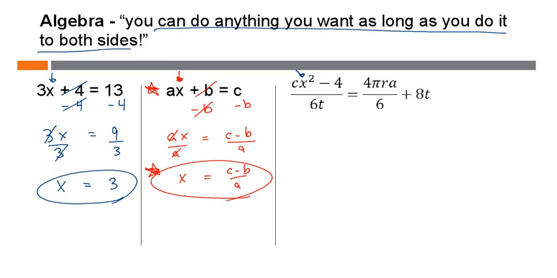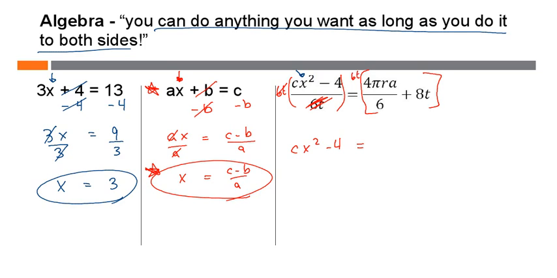And the reason I would do that is because when I multiply the left-hand side by 6t, the 6t on top cancels the 6t on the bottom. Okay? And I'd have cx squared minus 4 equals, now I got to do what I did to that other one. So I'm going to slip a 6t in right there.